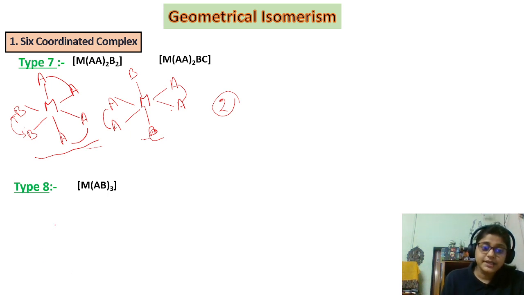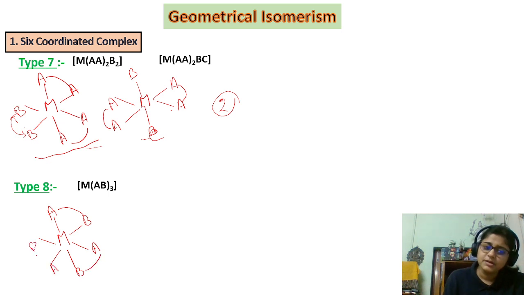In the case of A3, AB3, let's try. Sorry, I am starting with this side, AB. I have to take AB because it will be bidentate and it should sit near each other. Now again AB I am taking simply, and then again AB. Nothing wrong with it, right?